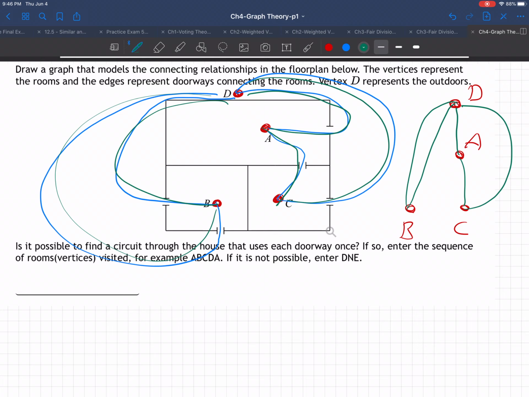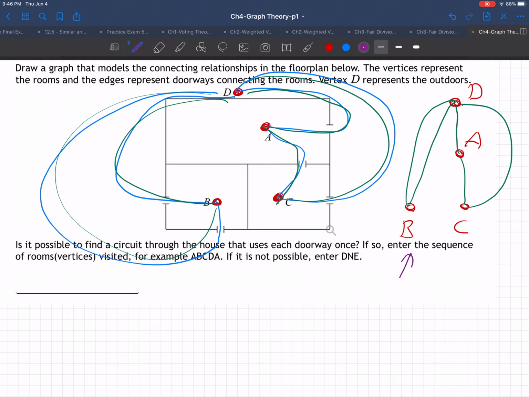So now looking at that graph, let's determine if an Euler circuit is possible. How do you know if an Euler circuit is possible when you're looking at a graph?